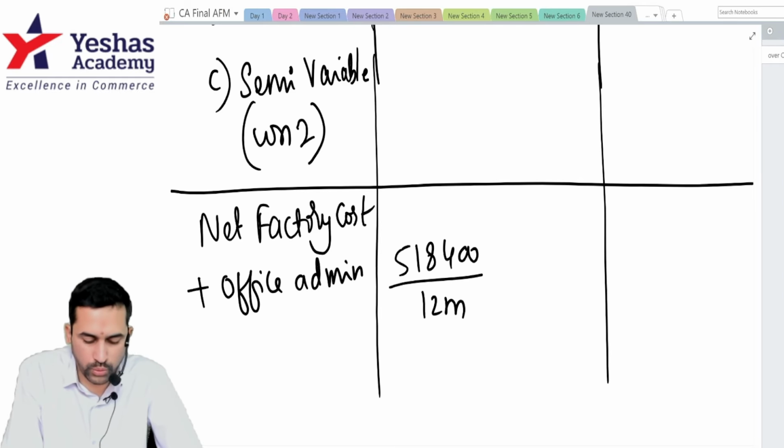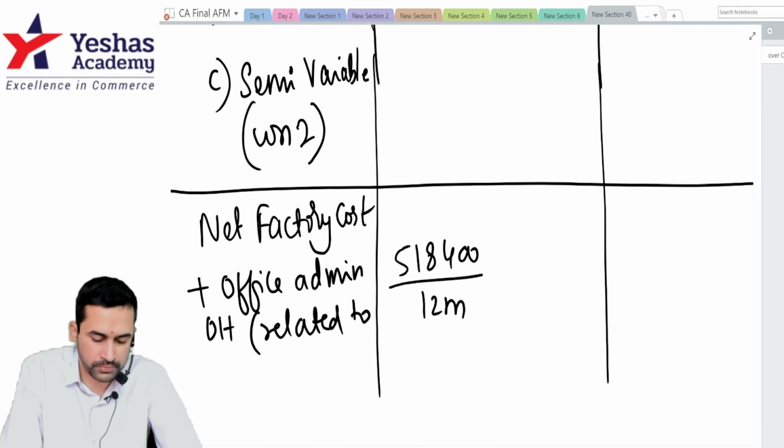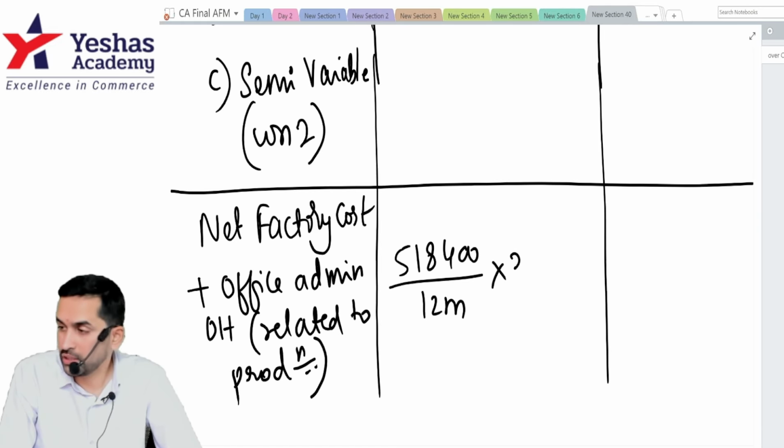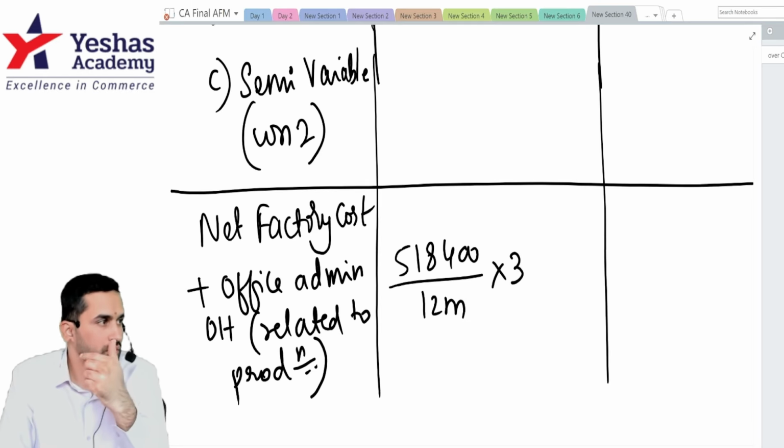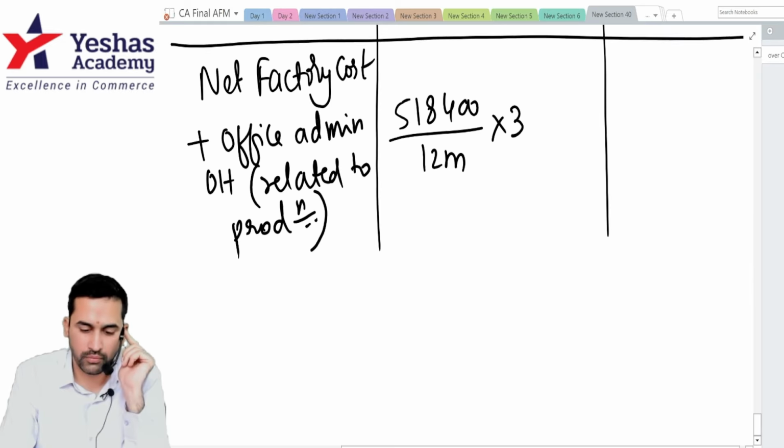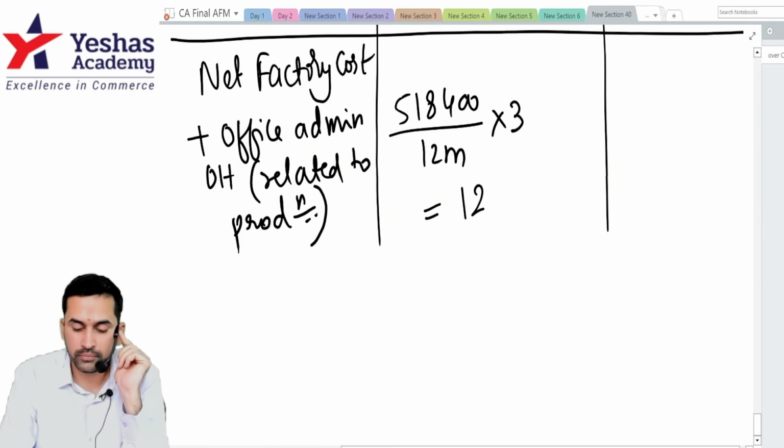Office admin overhead related to production. This when I divide by 12, I'll get the monthly amount. I'm doing it for 3 months. Right?